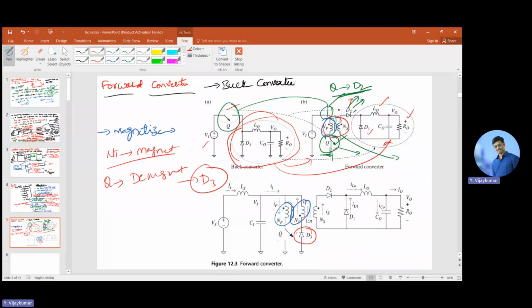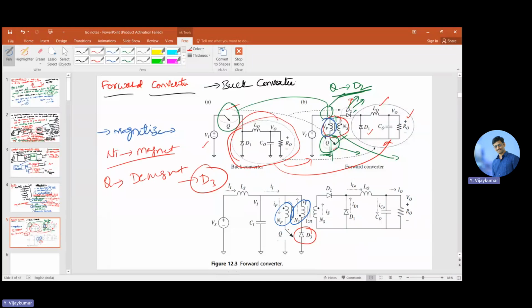So the third winding, which has NT turns, is for magnetization, and diode D3 demagnetizes the winding when the switch stops conducting.